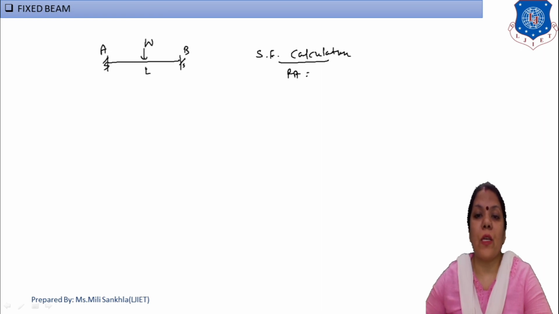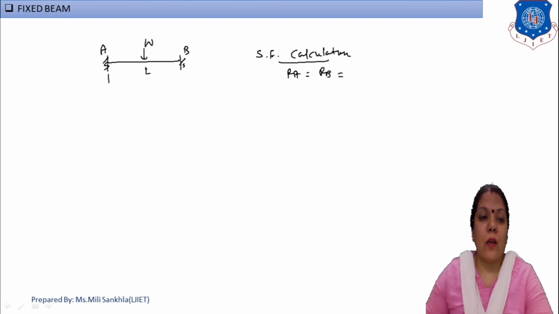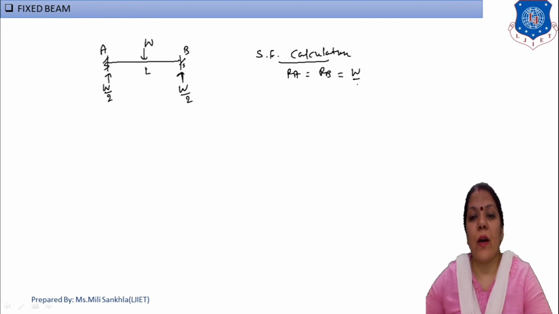Find the support reactions RA and RB. One most important thing to remember: if our fixed beam is subjected to symmetrical loading, then the support reaction of the simply supported beam is the support reaction of the fixed beam. The support reaction of the simply supported beam is W by 2, and here also W by 2.